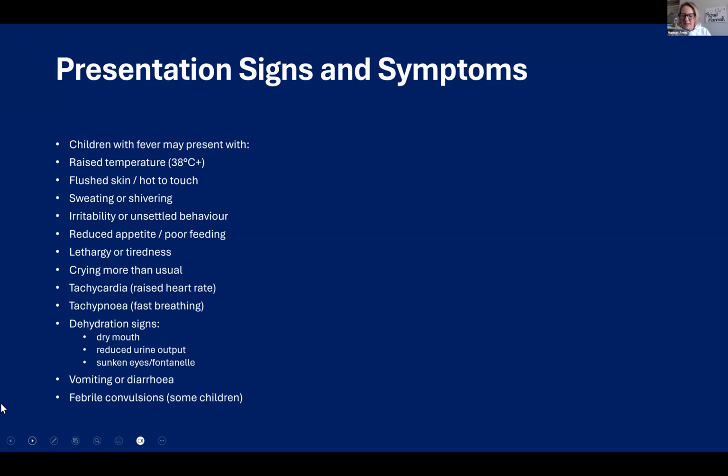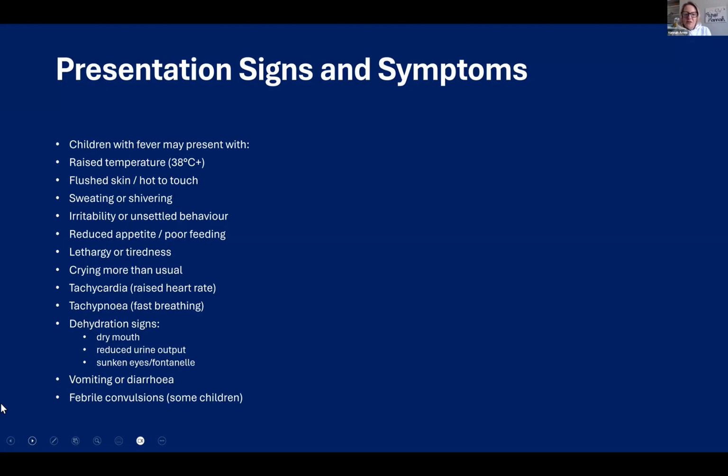They can also have signs of dehydration because they're not eating and drinking well, and they've got insensible loss from the fever as well. So dry mouth, reduced urine output, sunken eyes, or a sunken fontanelle in younger infants. There might also be some vomiting and diarrhoea, and some children might get febrile convulsions as well.